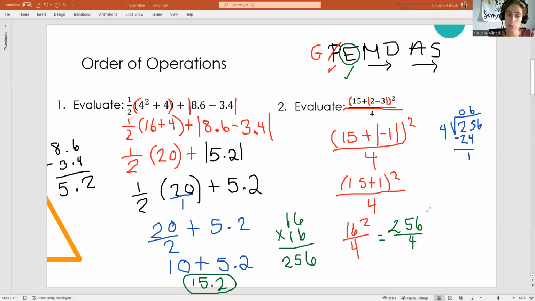And we're left with 1. Bring down your 6. How many times can 4 go into 16? It can go 4 times. And that is done evenly, giving us our final answer of 64. Once again, several steps, but if you follow the order of operations, use your paper, you'll be good.